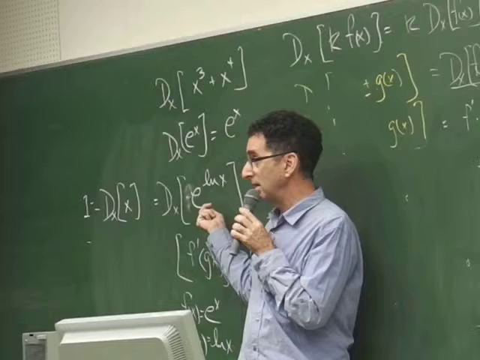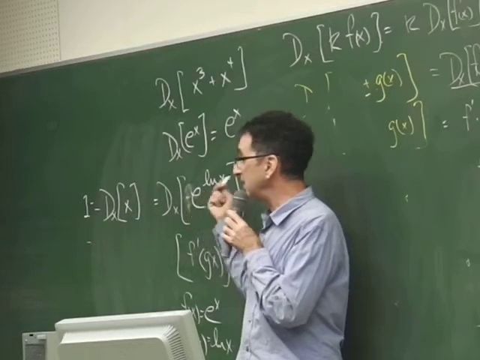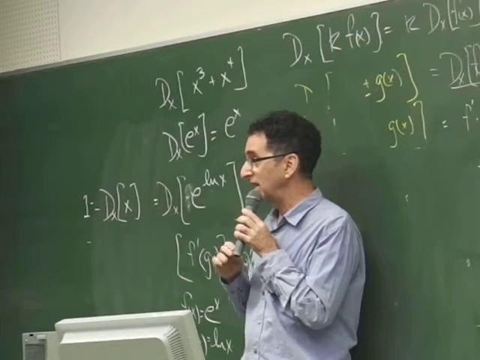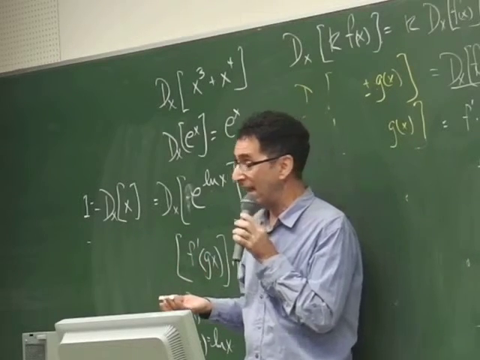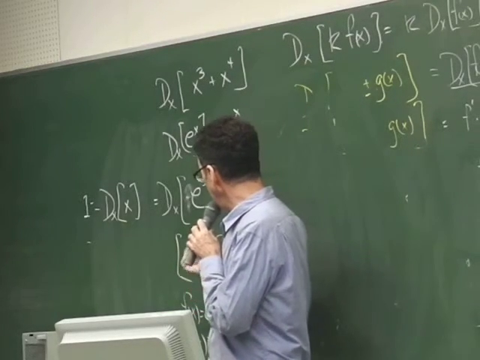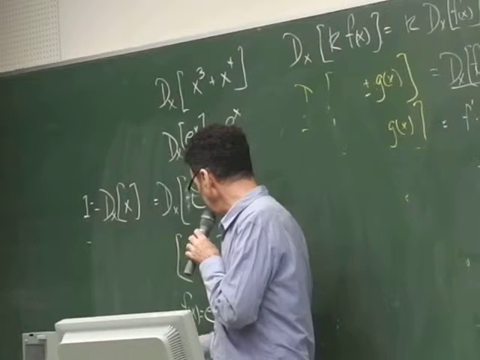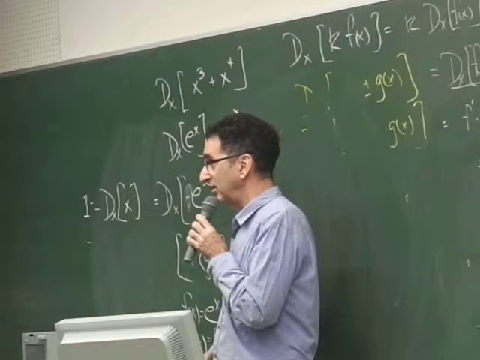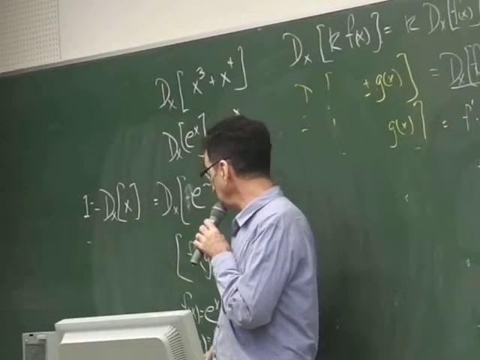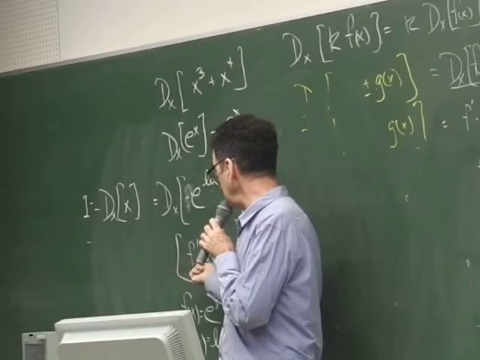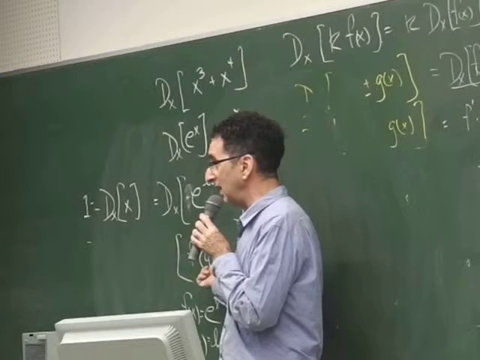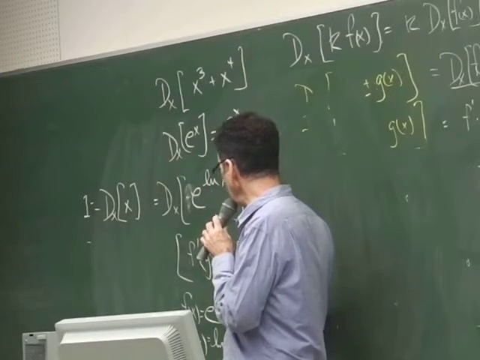I have an outside function and an inside function. The outside function is e, and the inside function is ln. The chain rule says it's going to be the derivative of the outside function, with the inside function put into that derivative, times the derivative of the inside function.